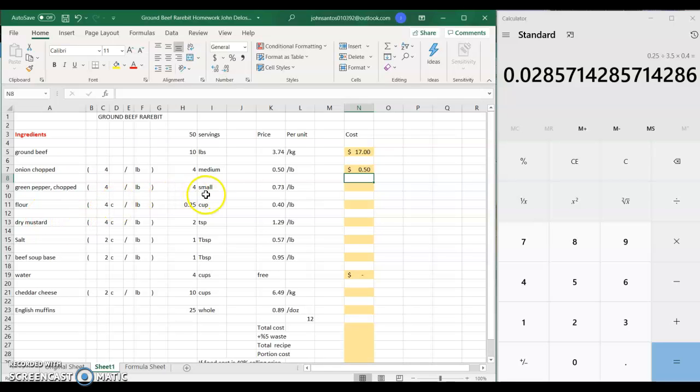Same thing with the green peppers. Again, we only need 4 green peppers, and in a pound there are 4 green peppers, and the price is 73 cents per pound.